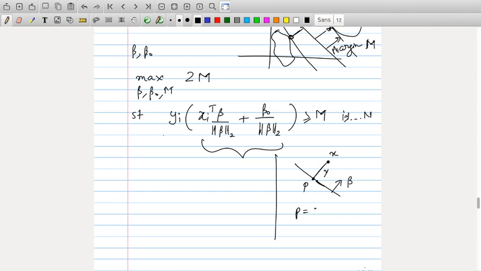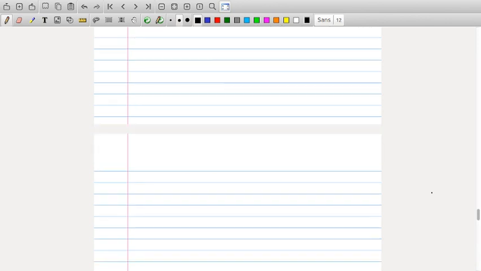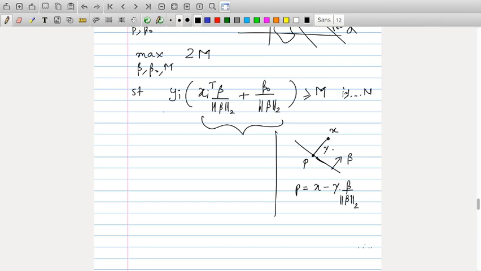So point P is going to be x minus gamma times beta by norm of beta. Okay, so just normalize the vector beta, multiply it with gamma. So that's the length of that vector. That's the length of this vector.